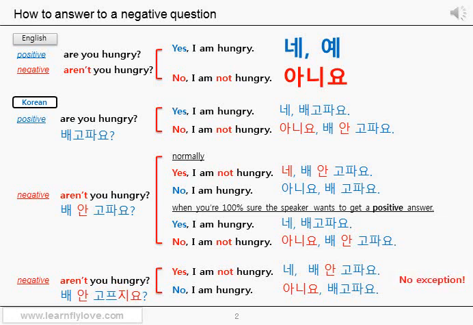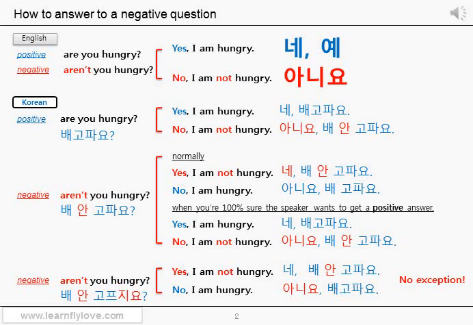Very confusing, isn't it? So just remember these two things. First, in Korean, the answer yes, 네 or 예 means, "Yes, you're right. Yes, the entire sentence you've just said is correct." Therefore, when it's a negative question, 네 or 예 means you are positive to a negative meaning.